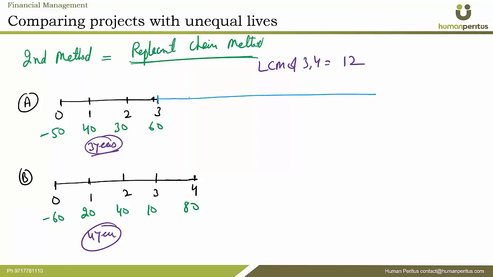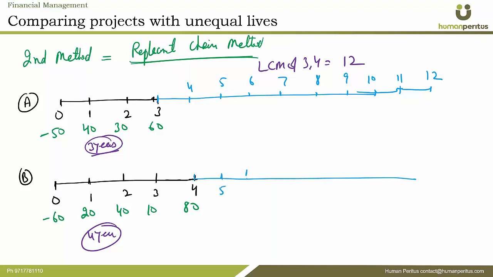So what do I do? 4, 5, 6, 7, 8, 9, 10, 11 and 12. Similarly, I extend this one also up to 12. Then I just keep writing the same cash flows.